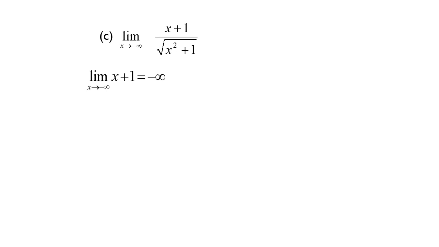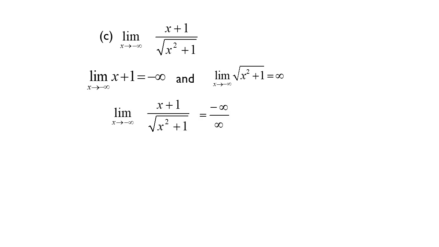The numerator is equal to negative infinity, and the denominator: negative infinity squared is positive infinity, plus 1 is infinity, and the square root of infinity is infinity. Both are infinity, so we get negative infinity over infinity. So there is no certain value of the limit.